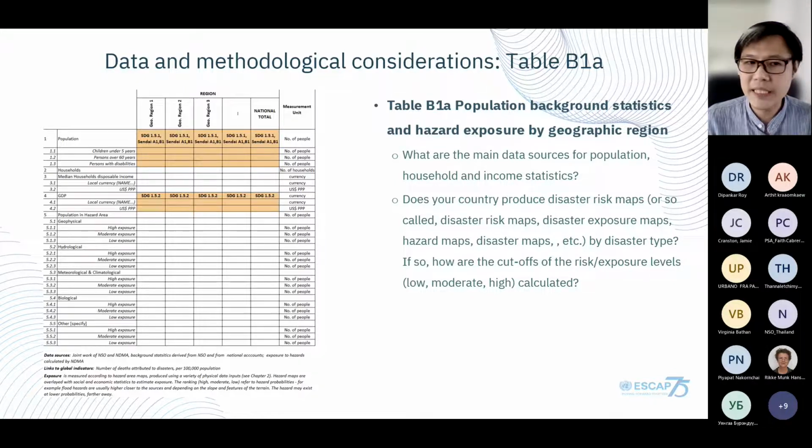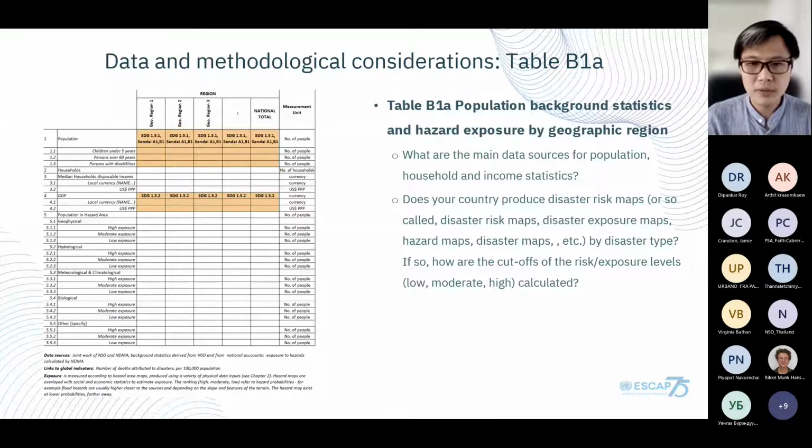The second half of this table talks about population in hazard area. So this one, we basically need at least two sets of information. One is population by location. It can be province, it can be a smaller administrative area, and also an understanding of risks of different hazards that might happen.